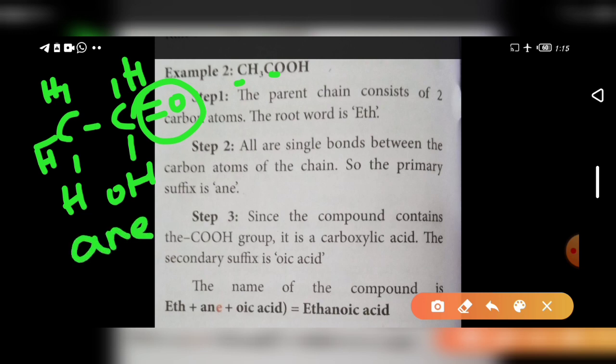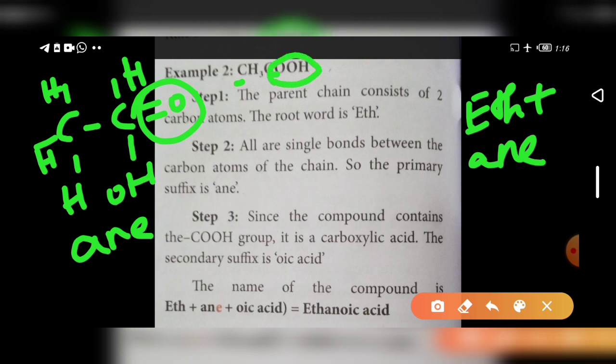So eth plus ane. Next you have to identify the functional group. COOH is the carboxylic acid group. Since the compound contains the COOH group, it is a carboxylic acid. The secondary suffix you have to add is oic acid.